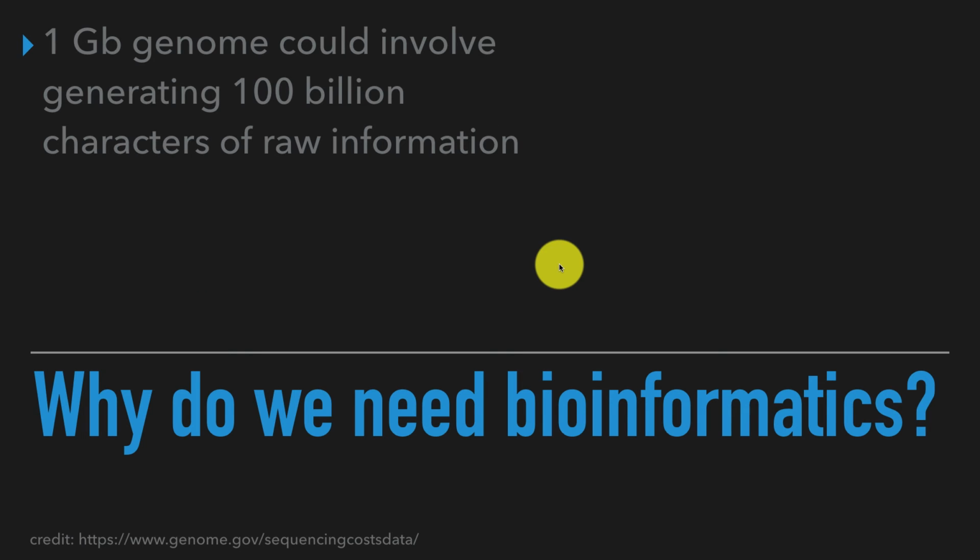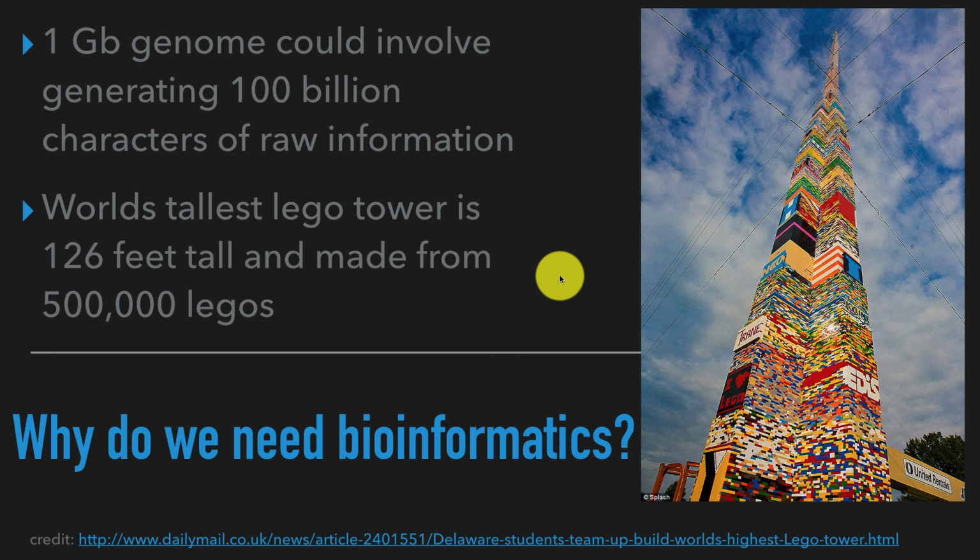What does 100 billion characters of raw information even look like? I've never seen 1 billion of something, let alone 1 million of something, so it's hard for our brains to even process how much data that really is. And so I like to use this example that the world's tallest Lego tower is 126 feet tall and is made of 500,000 Legos. That is a lot of Legos, and that's a big tower.